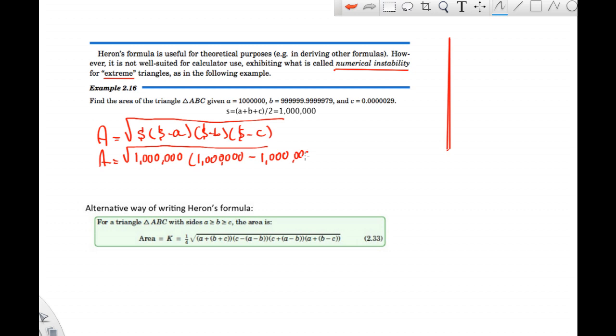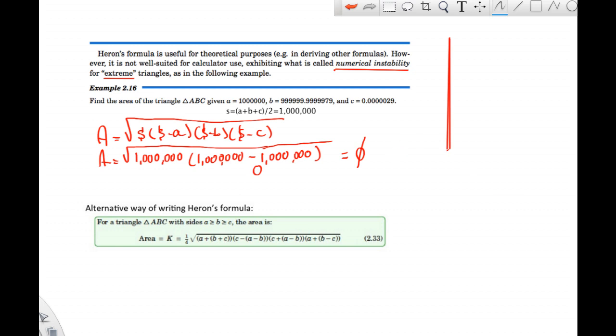At this point, I can basically stop because that's going to give me 0. So this whole square root is going to give you 0 as an area. And that definitely isn't the case. This triangle has an area.